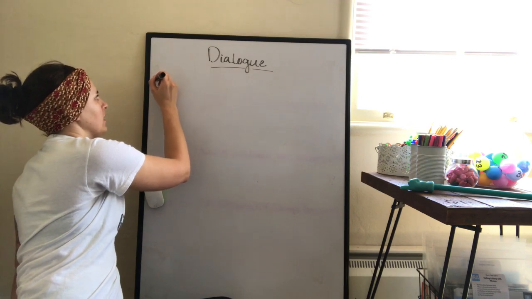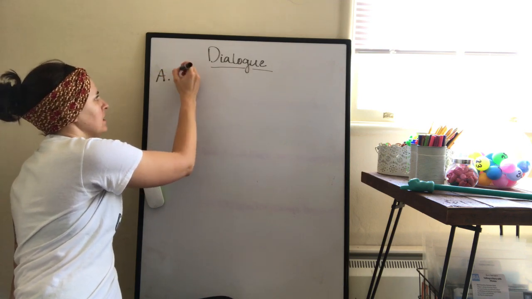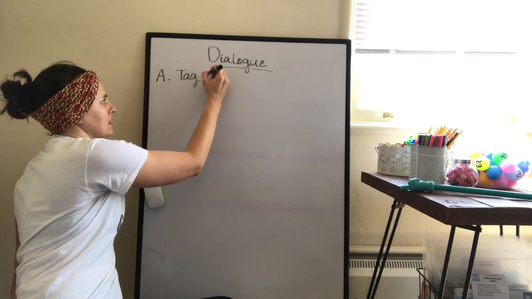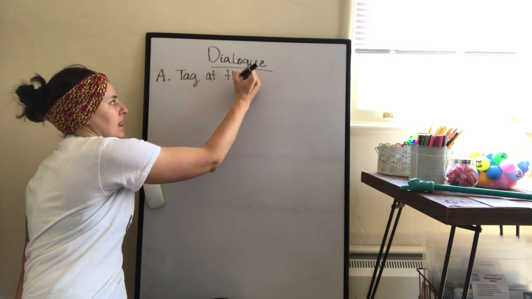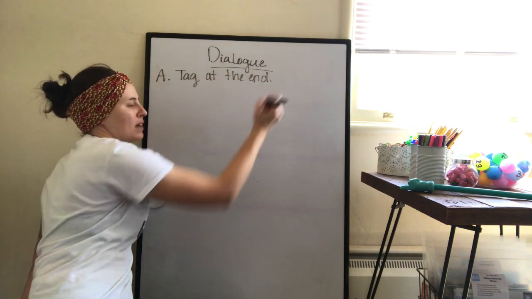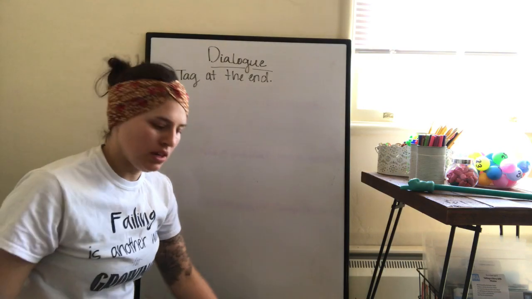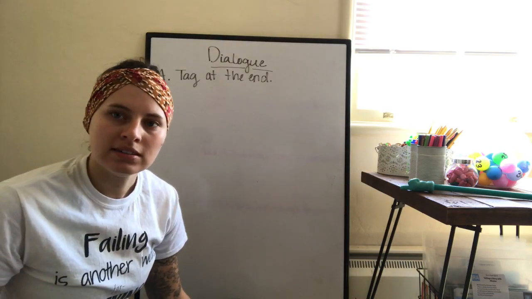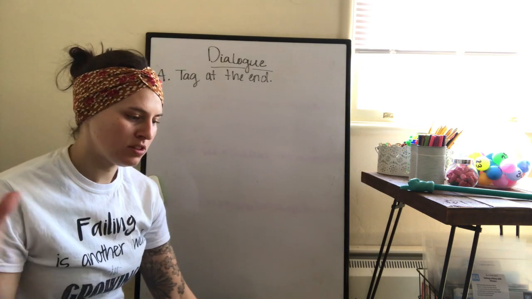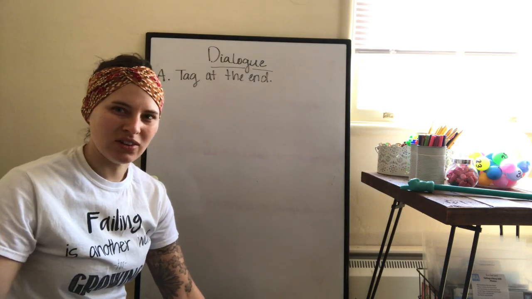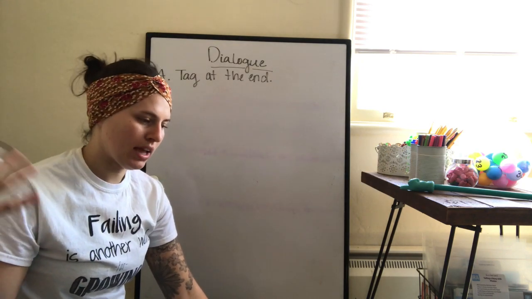We'll call the first one A, tag at the end. When I say tag, I mean: do your homework, said Mrs. Brazil. Said Mrs. Brazil is the tag, right? Who said it? Who's talking? How did they say it?